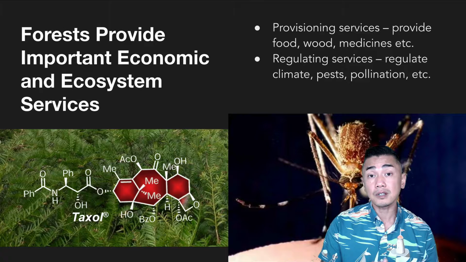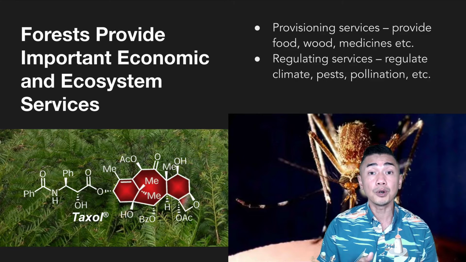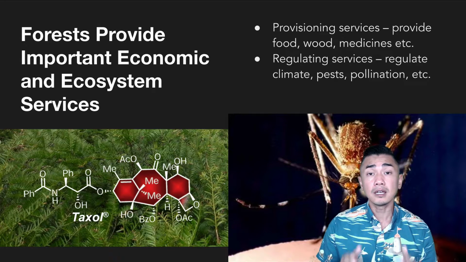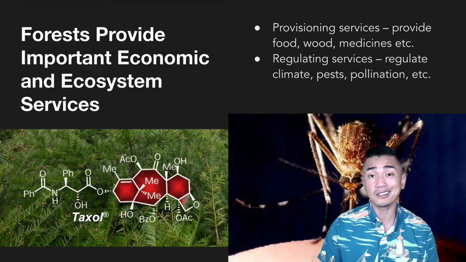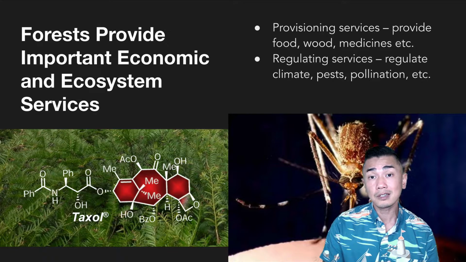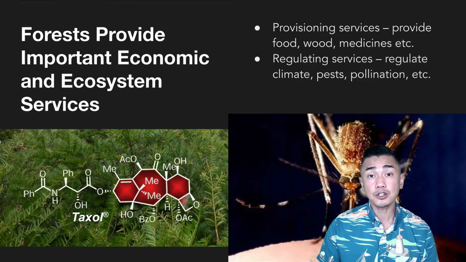In a forest, they include things like food, wood, and medicine. Regulating services include the control and regulation of ecosystem processes. In a forest, they include things like regulating climate, controlling pests, and facilitating pollination.